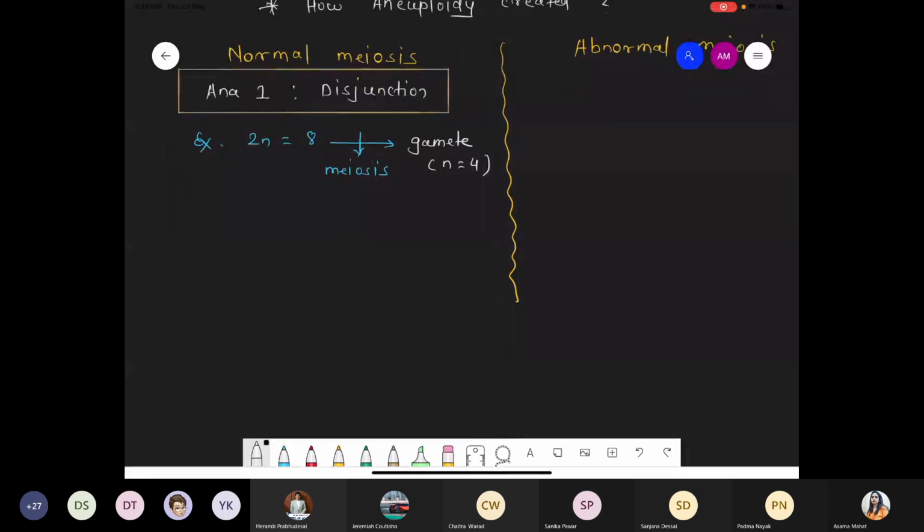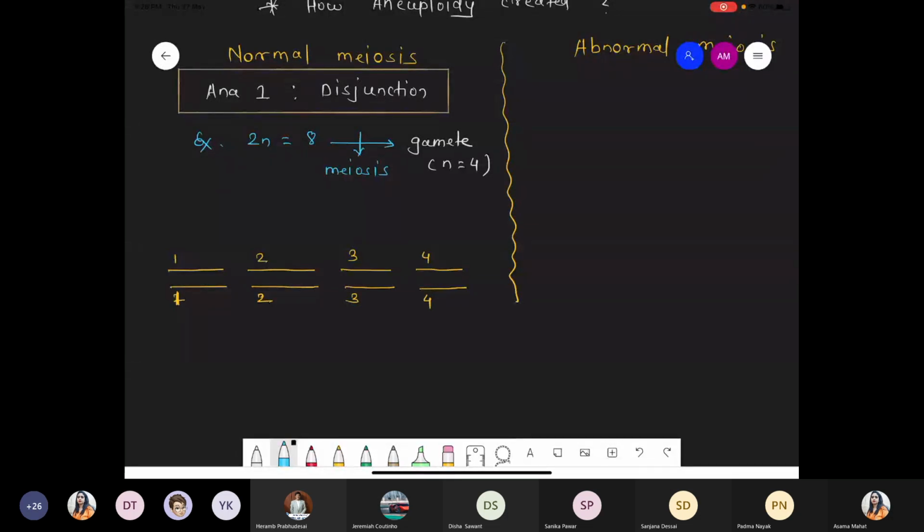Let's draw to understand. This is chromosome number 1, 1 1. These are chromosome number 2, 2 2. Suppose these are chromosome number 3, and finally chromosome number 4. A total of 4 pairs, so 8 chromosomes.